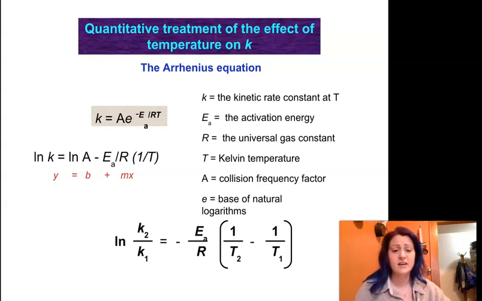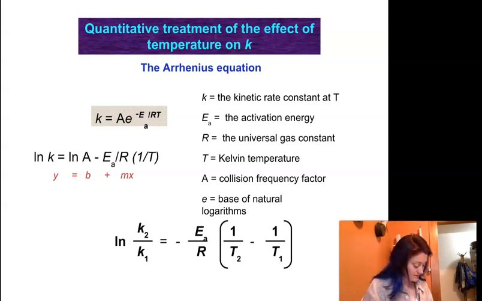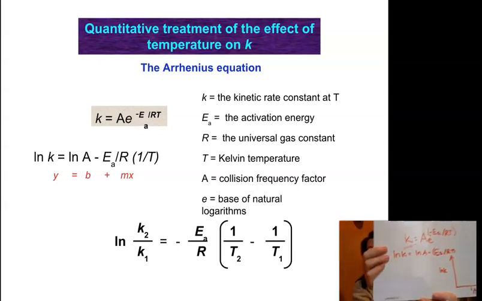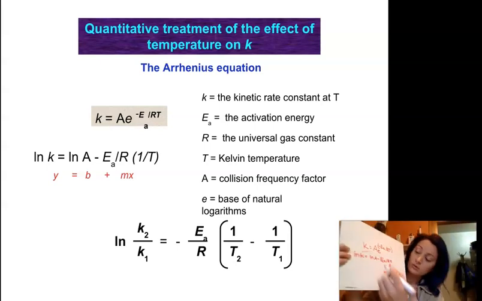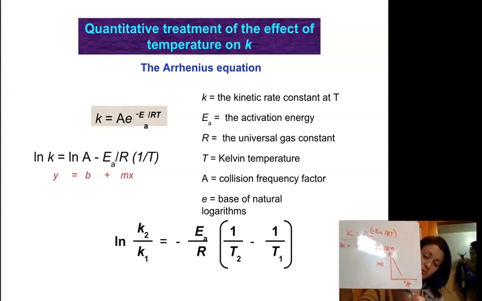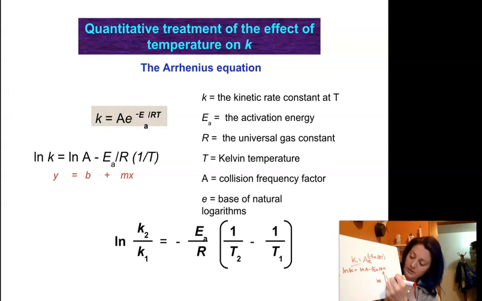Your negative EA over R is your slope, and 1 over T is going to be your x. So when you plot this, which we'll see in a moment, you have 1 over T on the x-axis and ln of K on the y. This is going to give you a line with a negative slope, and that slope, m, is going to be equal to negative EA over R.